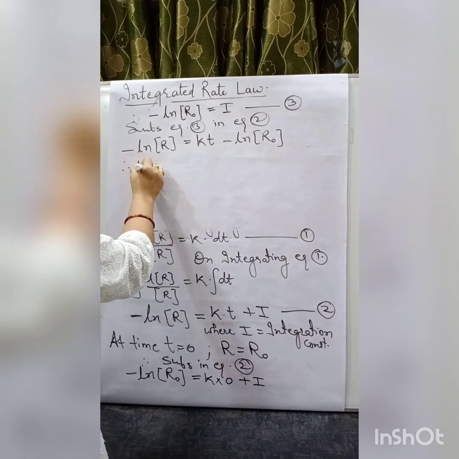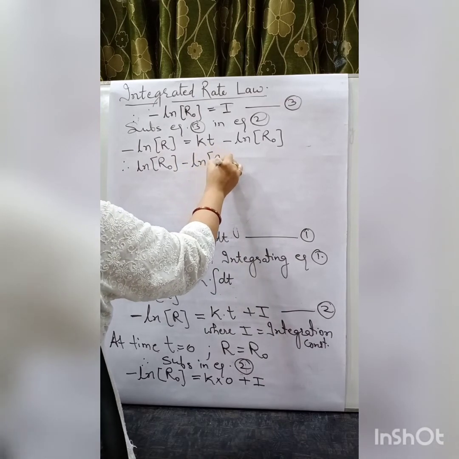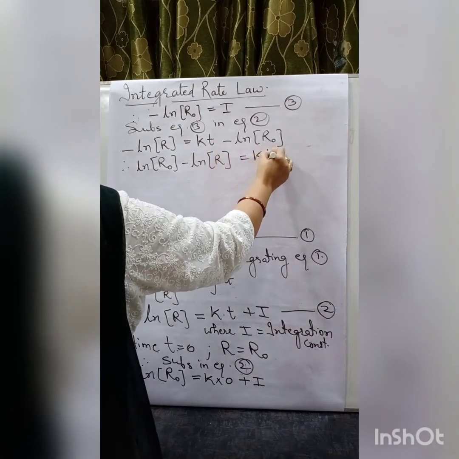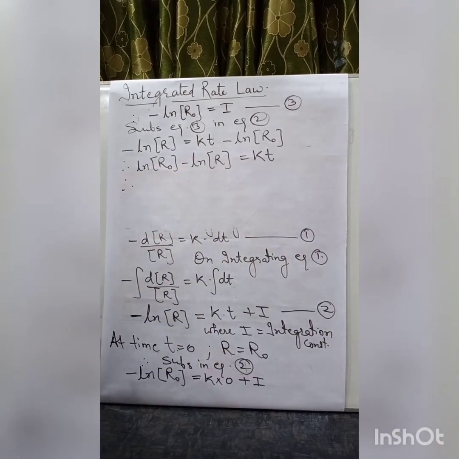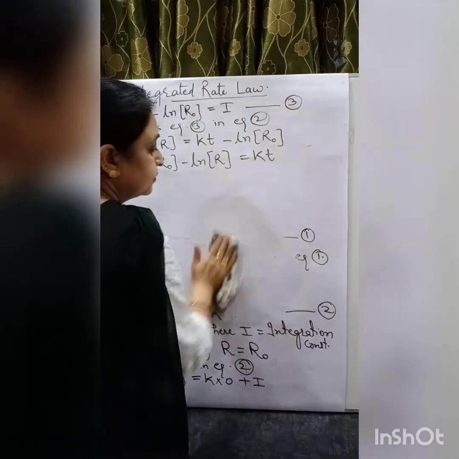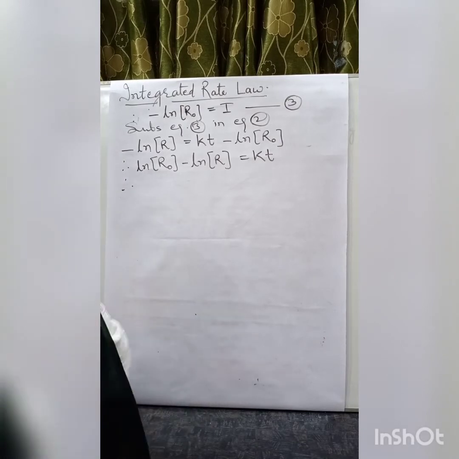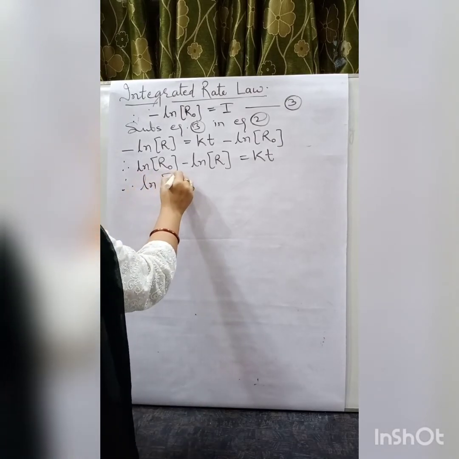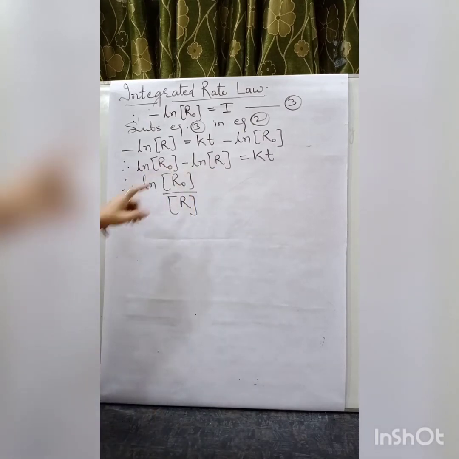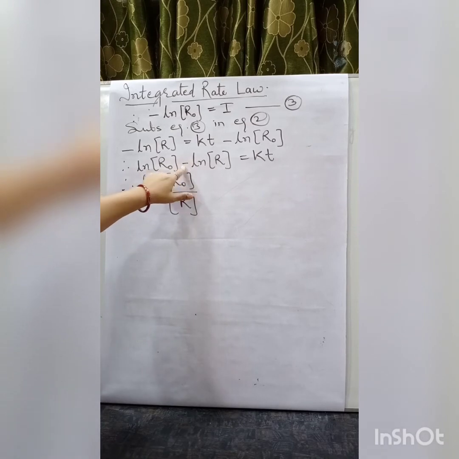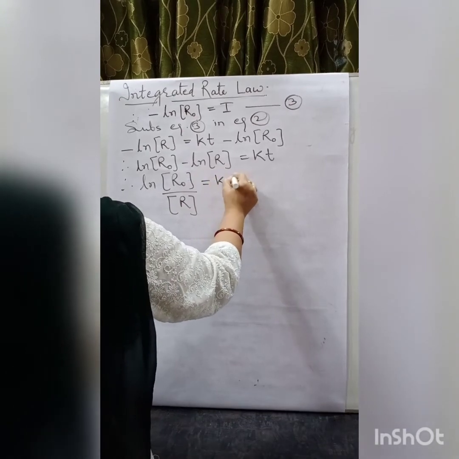Therefore, ln R0 minus ln R is equal to kt. This can be written, therefore, ln R0 upon R, because it is minus, and in log you know if there is subtraction, that means we have to do division, is equal to k into t.